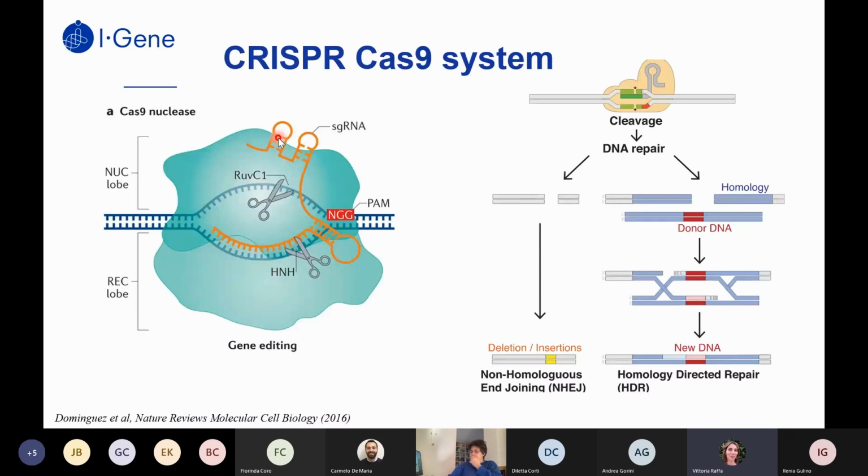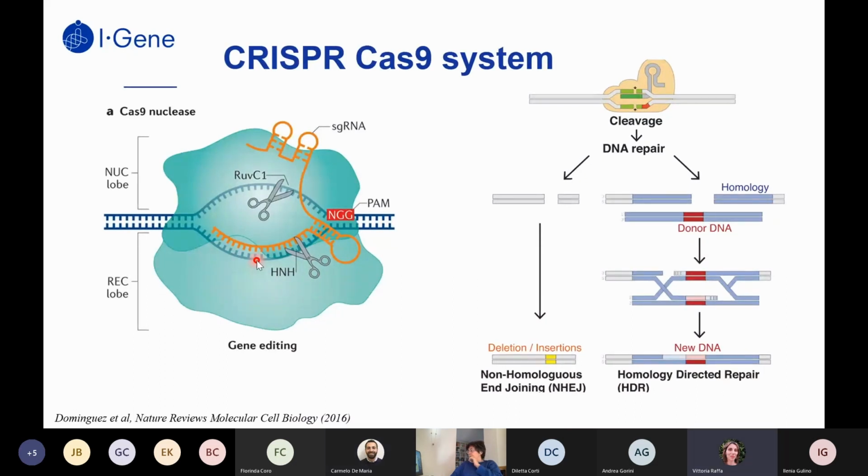Because this RNA is able to guide the enzyme into the locus in the genome that we want to edit. How is this possible? Because this guide RNA is designed by the scientists in order to pair perfectly between the bases of the guide RNA and the target genome, the target locus.